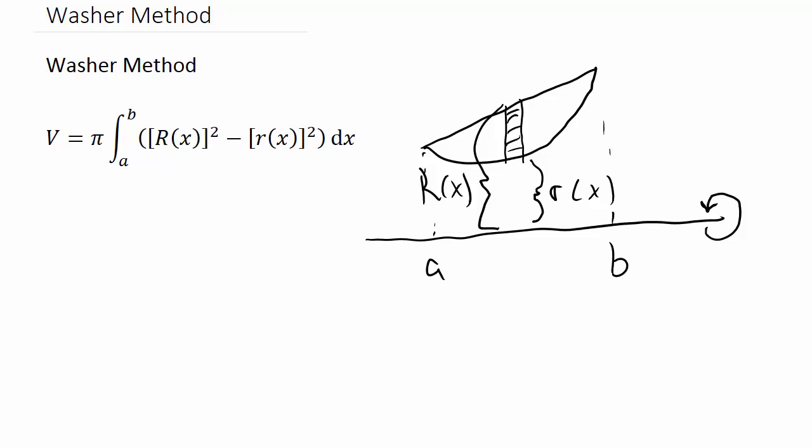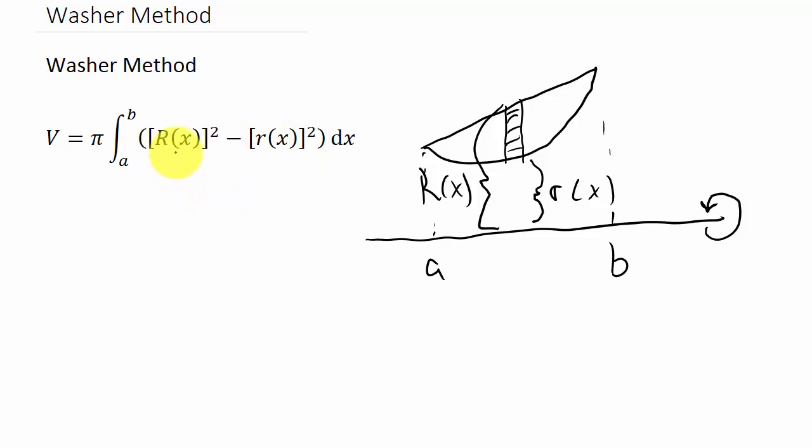Alright, in this video we're going to look at the washer method. We're going to have a graph and revolve that region about an axis. The washer method says the volume is equal to pi times the integral from a to b of big R of x squared minus little r of x squared.